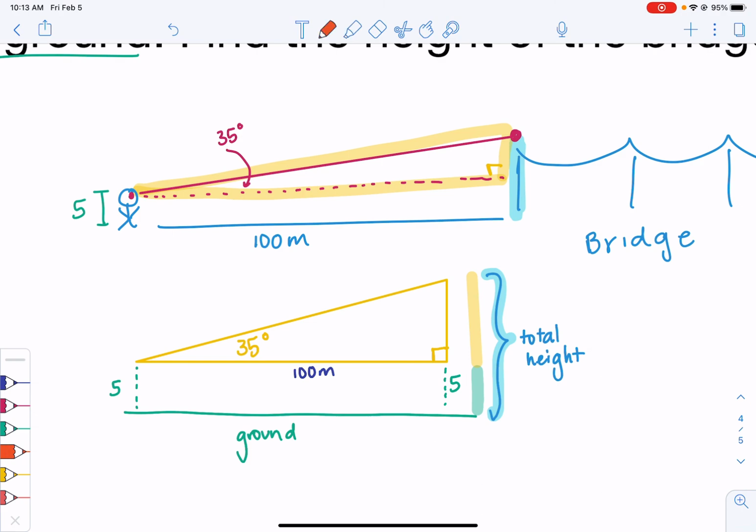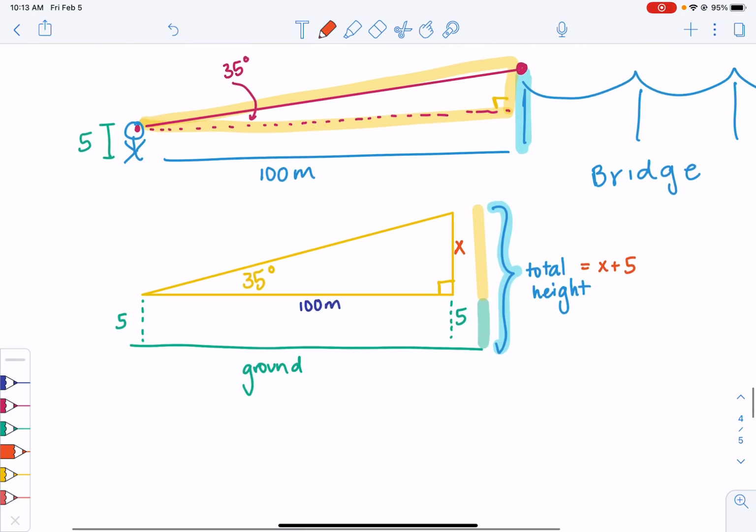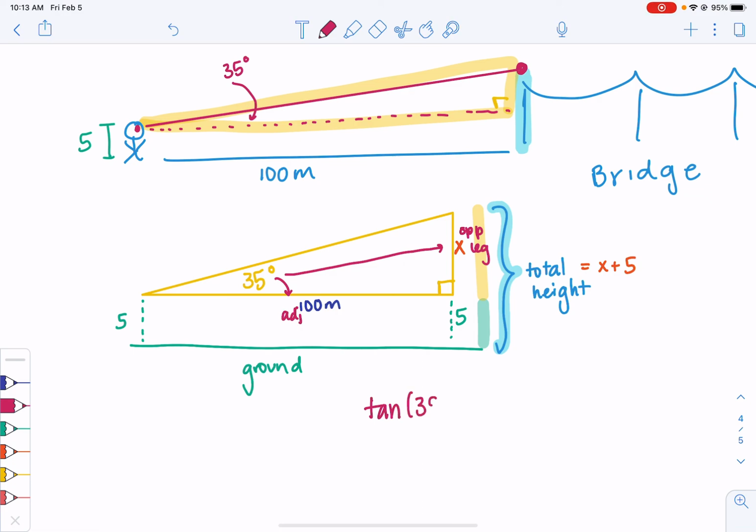So if we can find this length x and add it to 5, we can get the total height, which we can definitely do. Here, this is the adjacent leg, all the way across, opposite leg. Opposite adjacent means we use tangent.